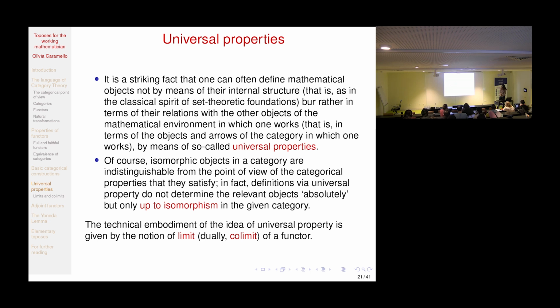So the idea is to understand mathematical structures and even define them in a certain precise sense that we shall clarify by means of the relations that they entertain with other structures of the same mathematical environment formalized as a category. So the idea is really to express the kind of relationships that are sufficiently strong to determine an object as a universal one satisfying them.